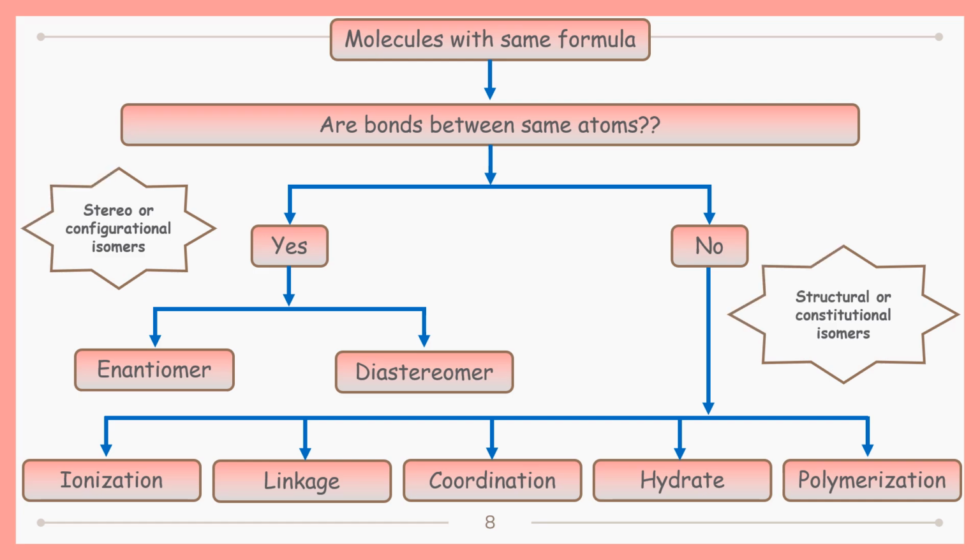It can be subdivided into 2 different major classifications called the stereo or the configurational isomers, or the structural or constitutional isomers. So this particular slide shows the major classification of the isomers.